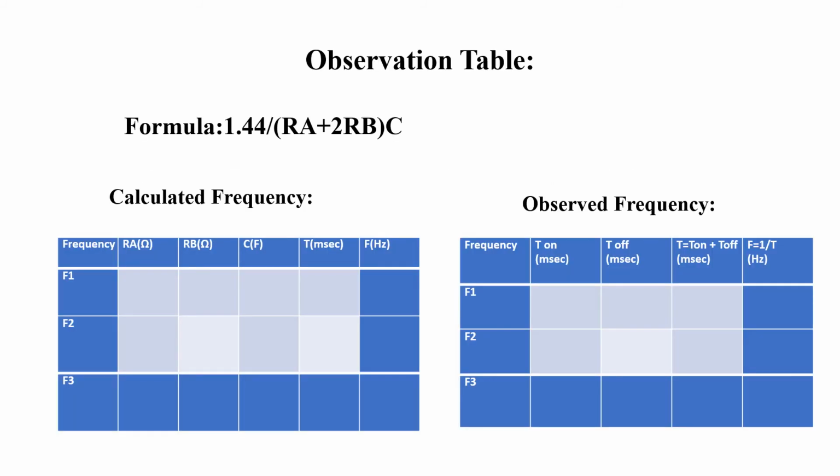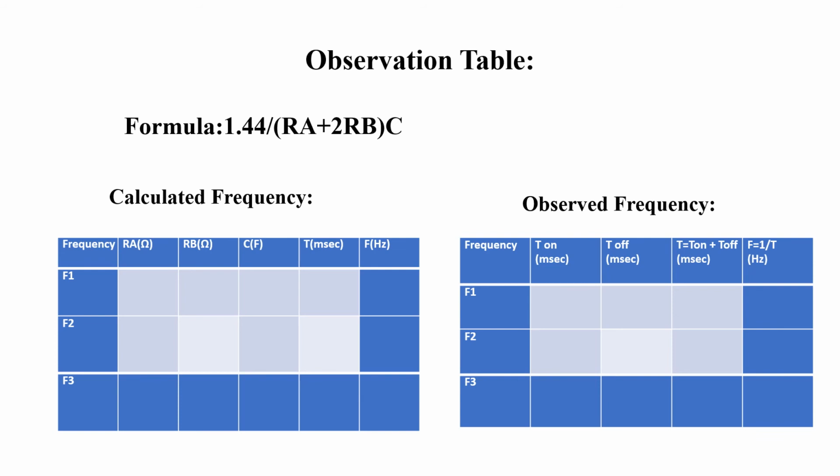The frequency is calculated with the help of the formula 1.44 divided by (Ra plus 2Rb) times C. With the help of this table, we get the calculated frequencies from each 555 IC. To calculate the frequency, we require the values of Ra, Rb and C. Once we get these values, we can calculate the frequency for all these 555 ICs.